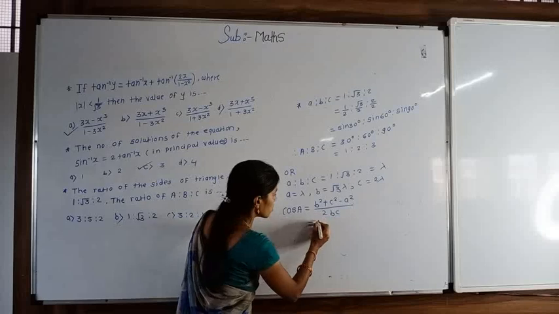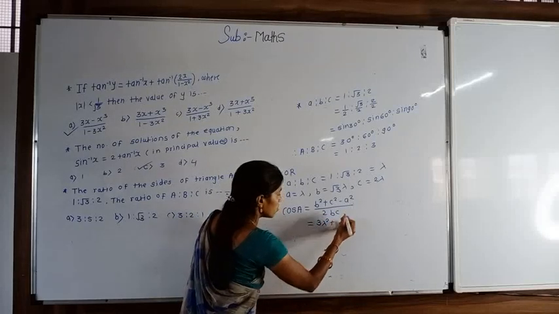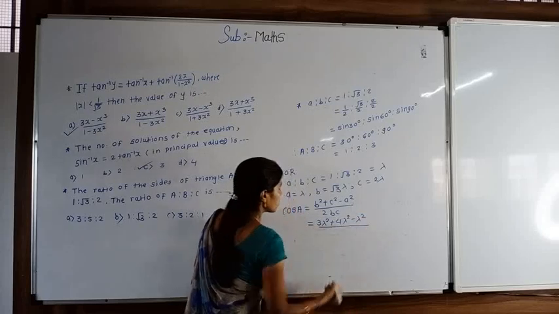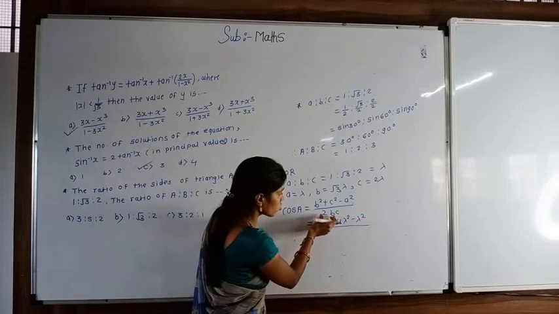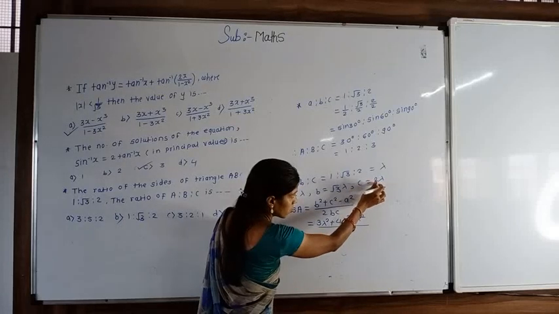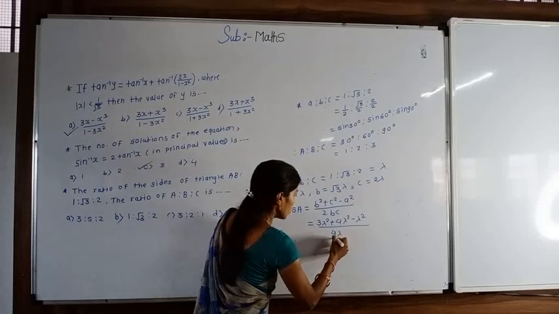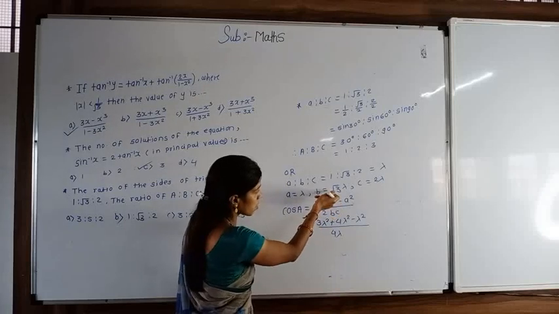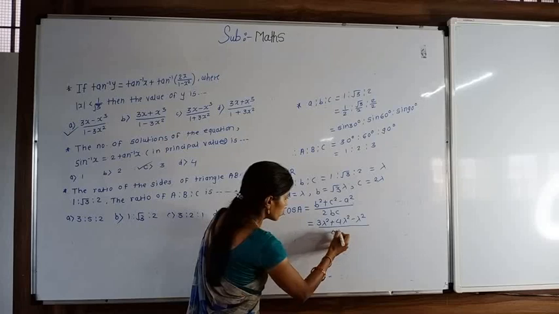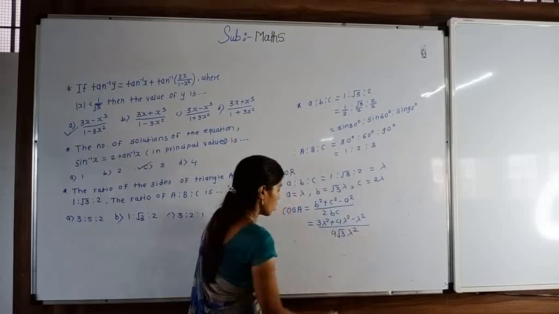We write b square is 3 lambda square, c square is 4 lambda square, a square is lambda square, whole term divided by 2 times b into c. 2 into b into c is 4 root 3 into lambda square.